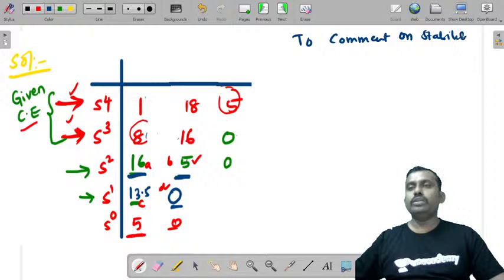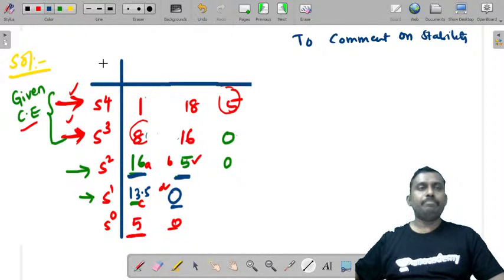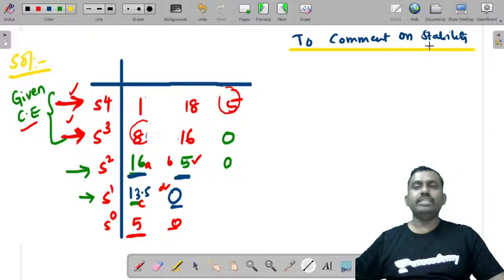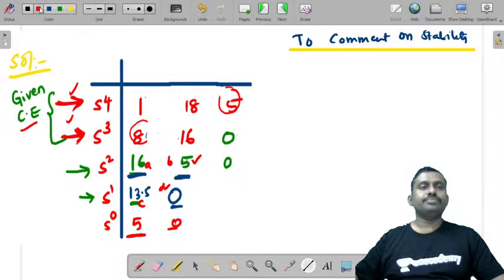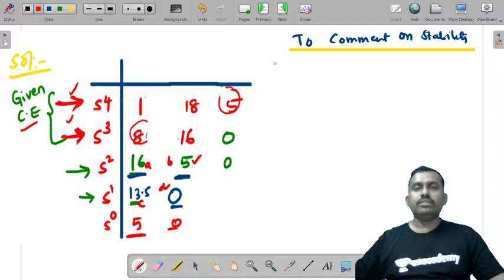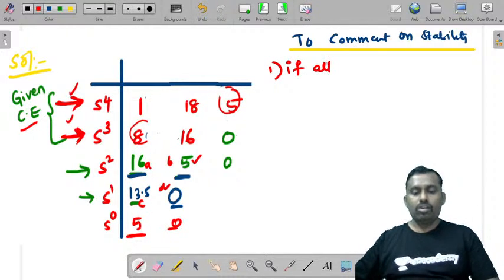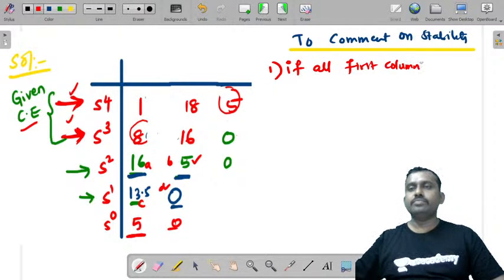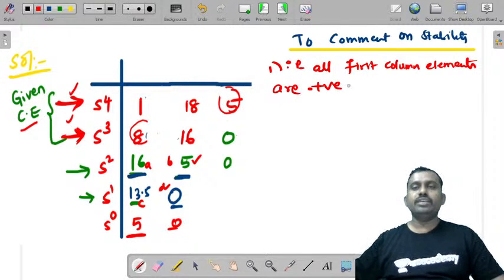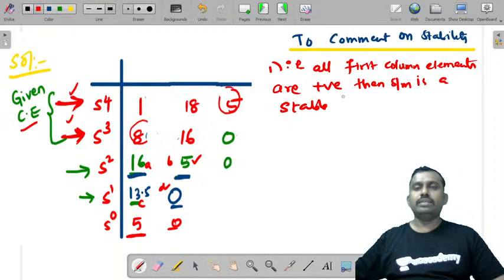Routh has told that, in order to comment on the stability of the given system, if all the first column elements are positive, I'm just telling you very slowly, then the system is a stable system.